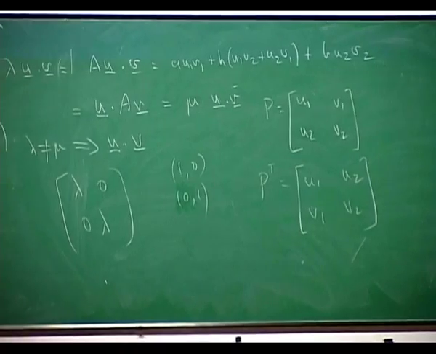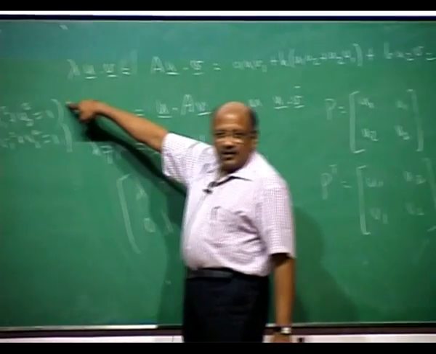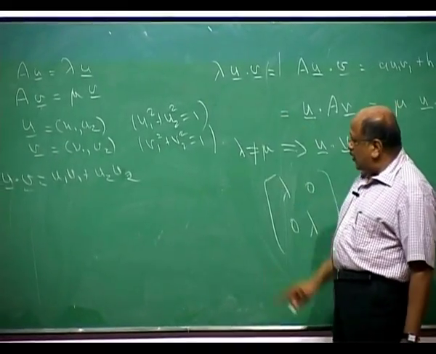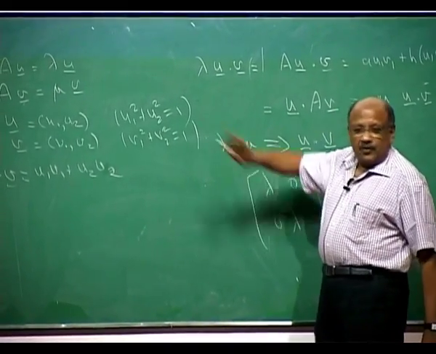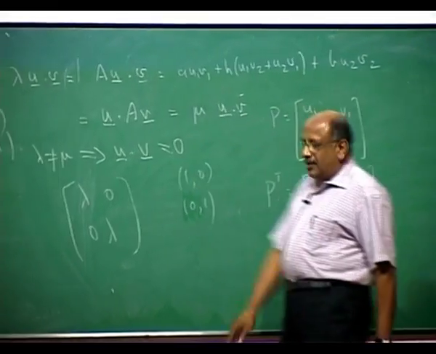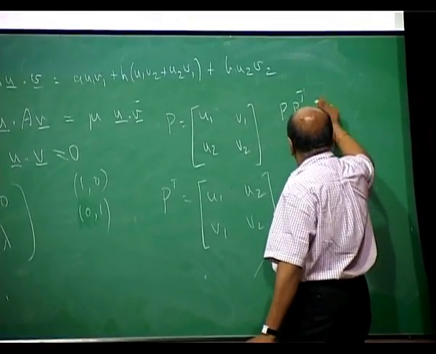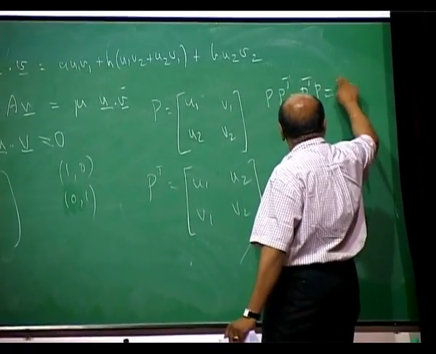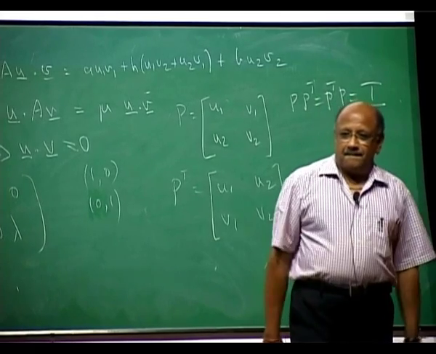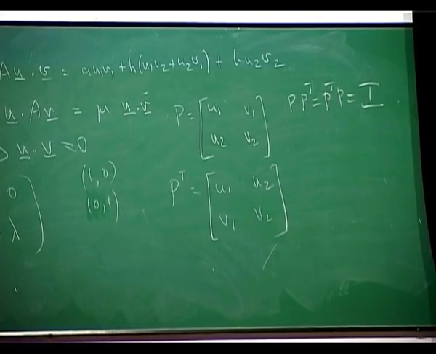Then if you look at this condition, U1 squared plus U2 squared equals 1, V1 squared plus V2 squared equals 1, and U dot V equal to 0, that will tell you that PP transpose equals P transpose P equals the identity. Just multiply and check, you will see it.